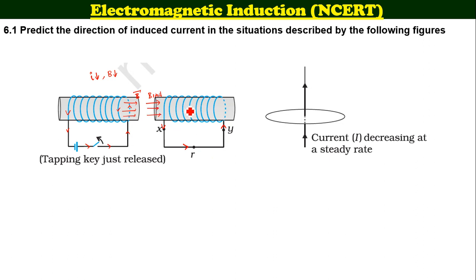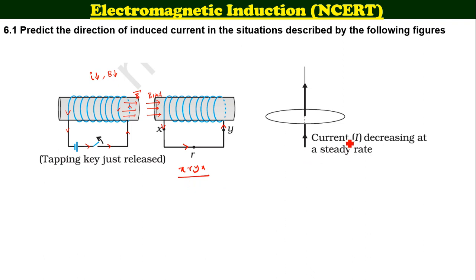Very good. Yes. So what about the loop direction here? It starts from x to r, then to y, again to x. So x, r, y, x is the loop direction in which the induced current is flowing. Very good.